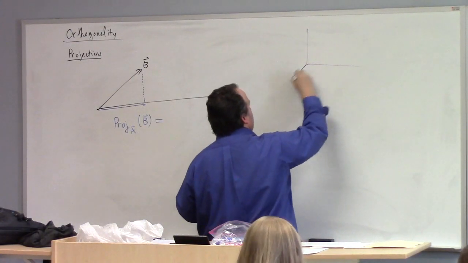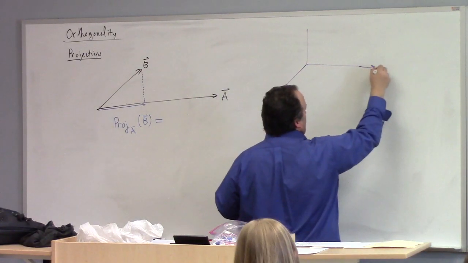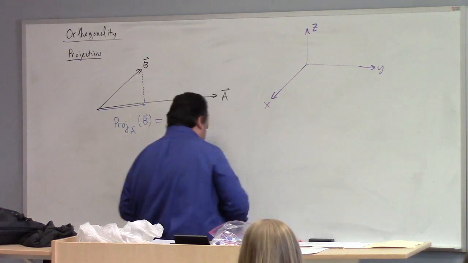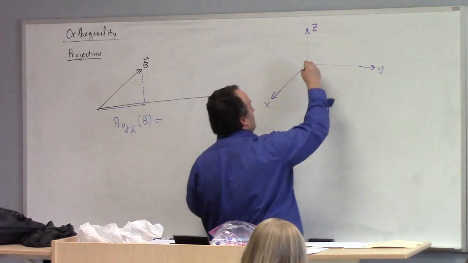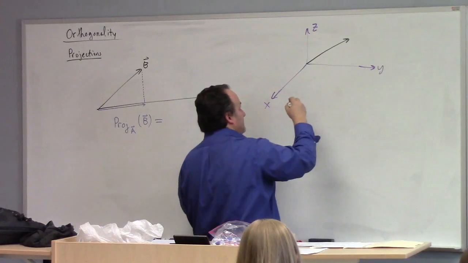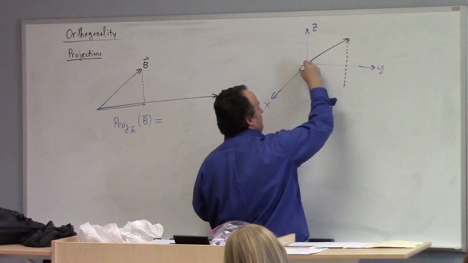If we think about X, Y, and Z, I could do it two-dimensionally, but I think three dimensions is nice. If we take a vector out to here, we can build that in three pieces.